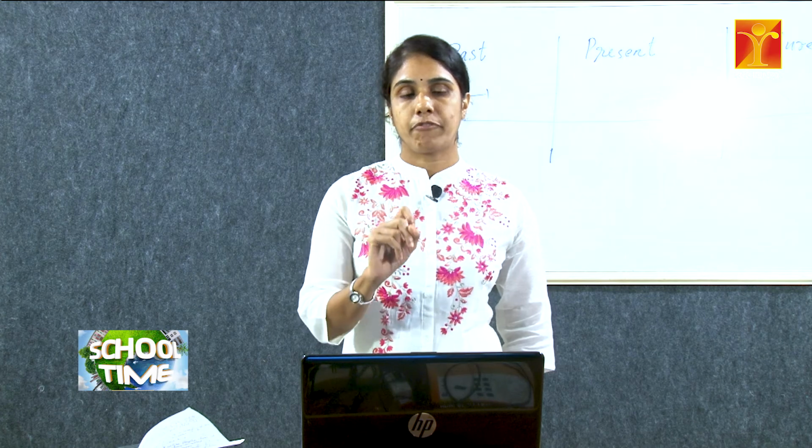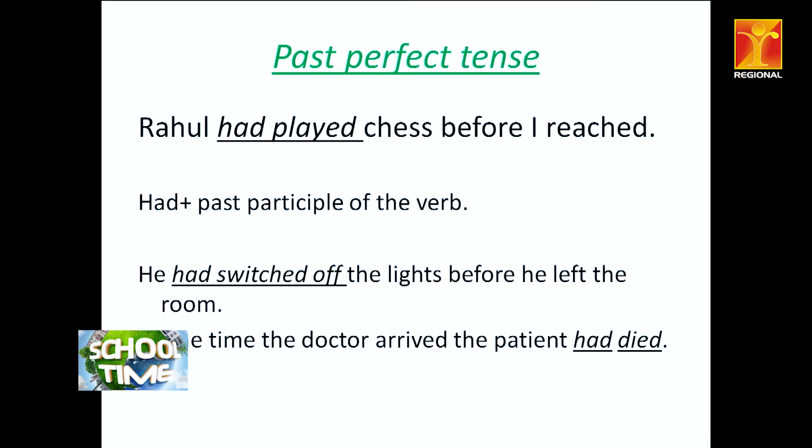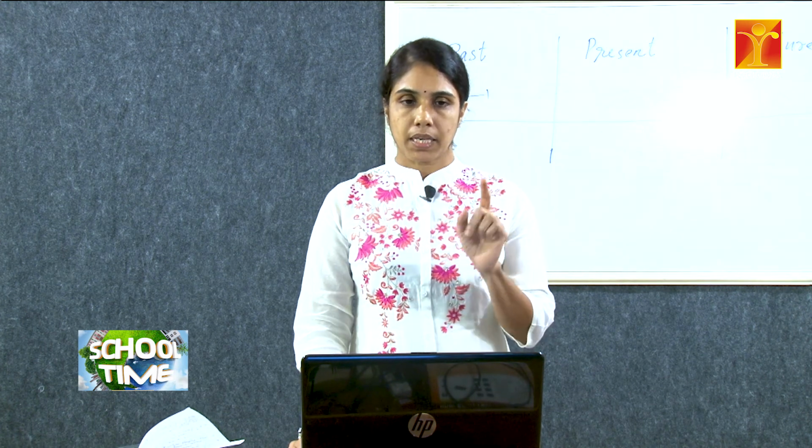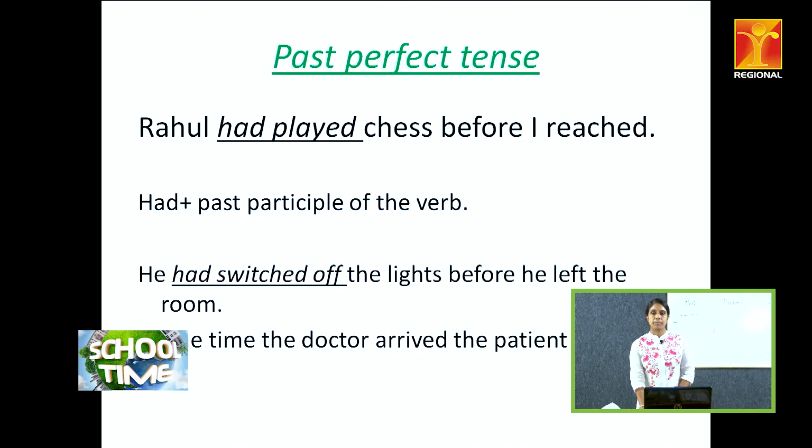See, the form of the past perfect tense is had plus past participle of the verb. And I told you that if there are two past actions, we express the first past action with the past perfect tense. See, Rahul had played chess before I reached.